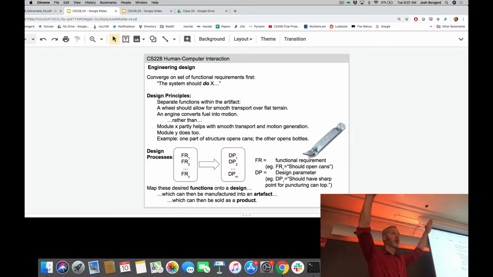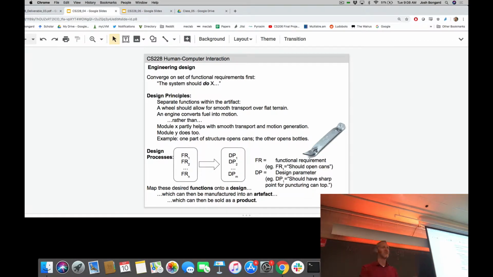So there's probably a growing set of other functional requirements and design parameters. It can only open one or the other at a single time. Exactly, right? We have a sequential device. I can't open cans and bottles at the same time, which is maybe not something I want to do most of the time, but it's in there, right? It's implicit. And this is, again, part of HCI design.